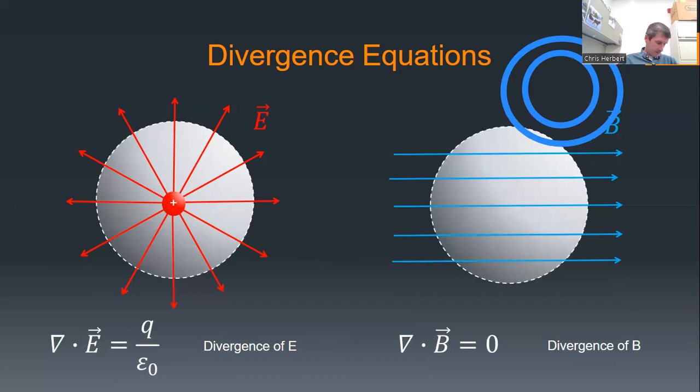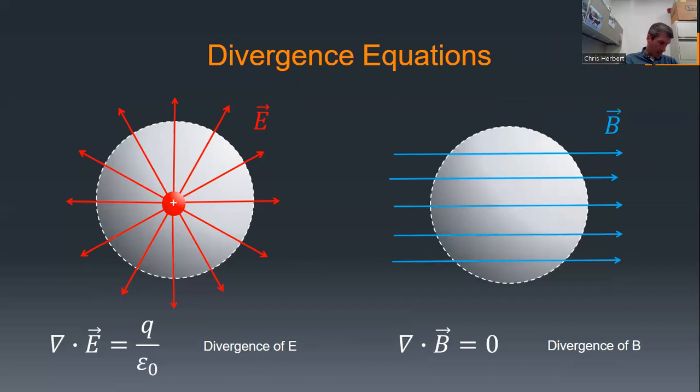In fact, if I were to draw a permanent magnet, here's my permanent magnet, and I've got a north pole here, and I've got a south pole here. The magnetic field lines associated with this magnet actually go through the magnet itself, and then they reconnect after going outside.